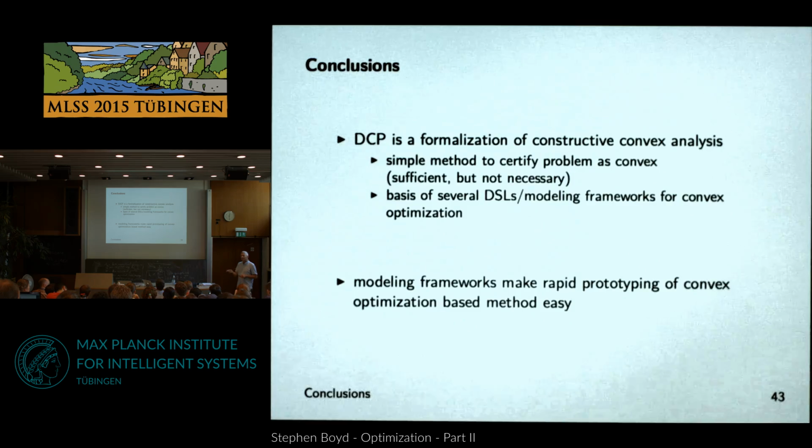I don't know of any function that doesn't come up this way, kind of thing. I do know a few, but okay. It's to certify those. So it's just an approach to doing this. It's very simple. It's, of course, sufficient, not necessary. And it's the basis of a bunch of modeling frameworks, and modeling frameworks are cool because they make rapid prototyping of convex optimization very easy.